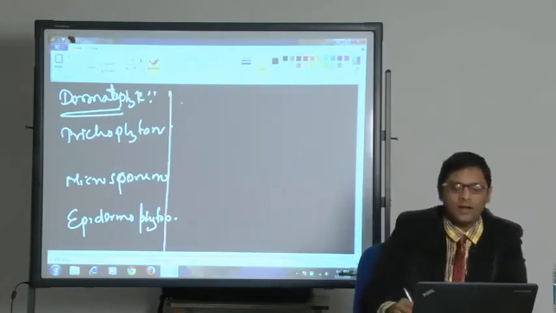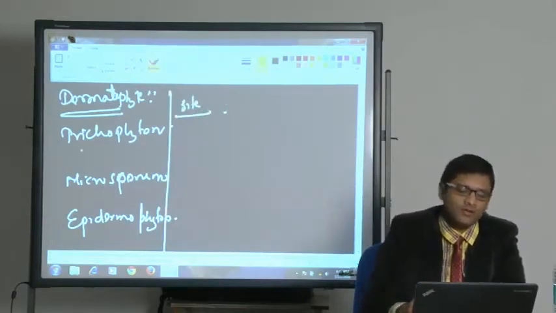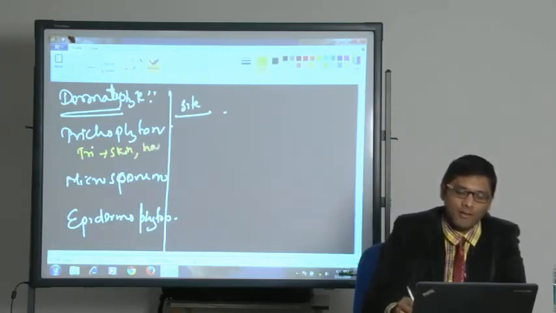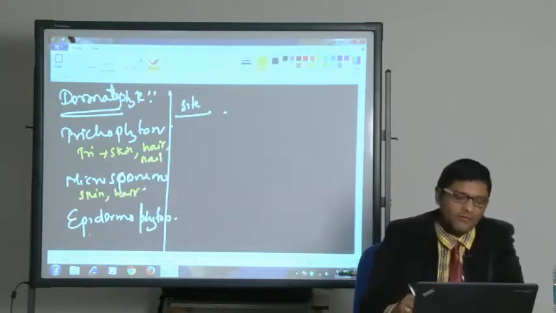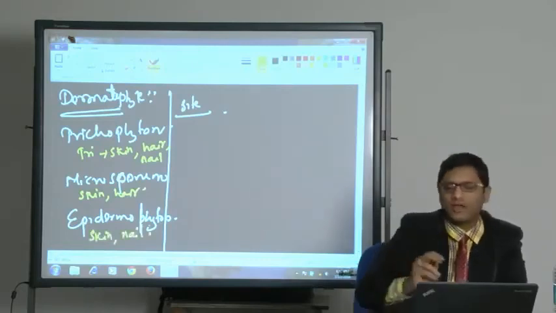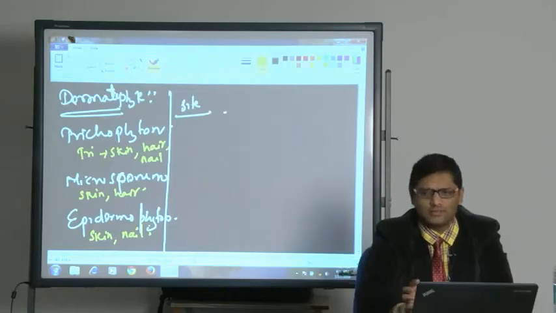The most important difference is the site where they infect. Tri for 3, that is, they infect skin, hair and nail. The microsporum will infect skin and hair but not nail. Epidermophyton infects skin and nail but not hair. Very frequently asked MCQ.